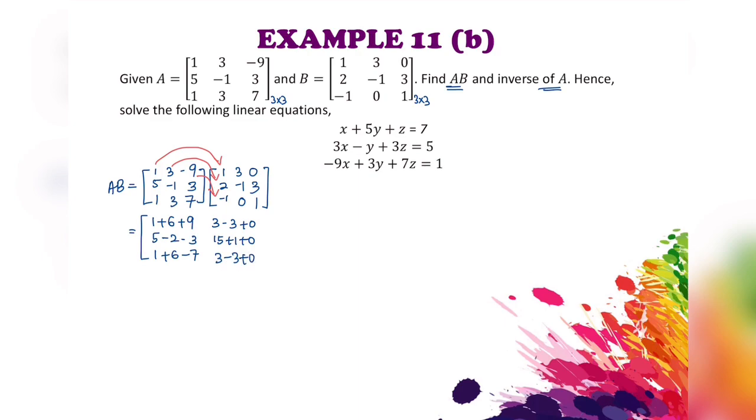So for the third column, 0 plus 9 minus 9, 0 minus 3 plus 3, and 0 plus 9 plus 7. Okay, next we calculate the values. So here 16, 0, 0, 0, 16, 0, and 0, 0, 16.